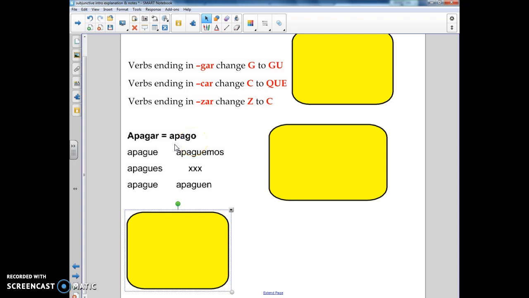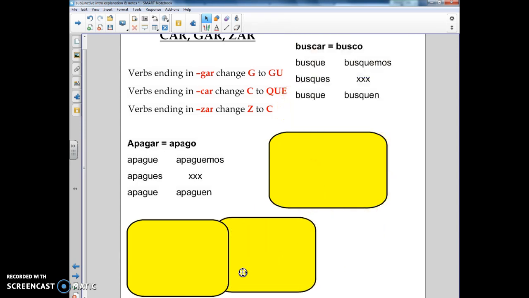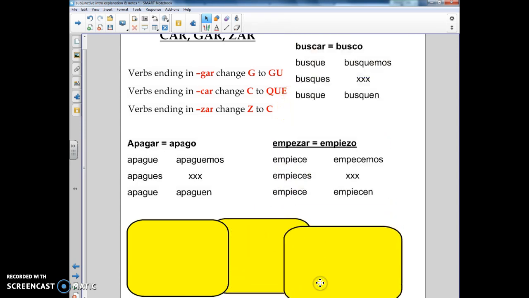And remember from the preterite, if you were to put an E at the end of this, it would be pronounced apahe because the G next to an E turns into an H sound, and they want to keep that hard G sound. So instead of apage, they change it to GUE. Okay, so for any car-gar-zar verbs, you're going to see that que, gue, ce ending.